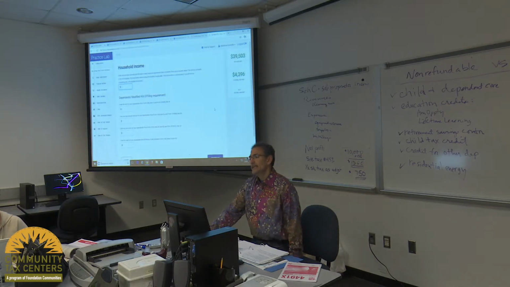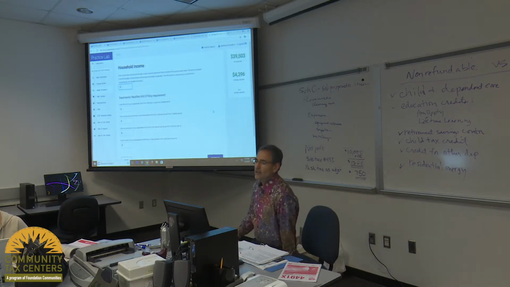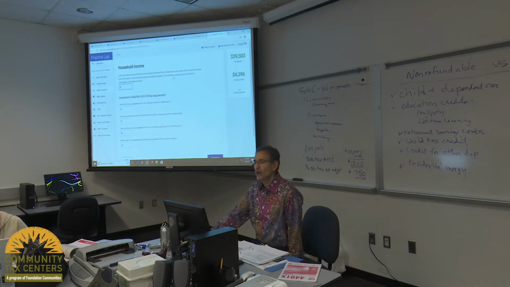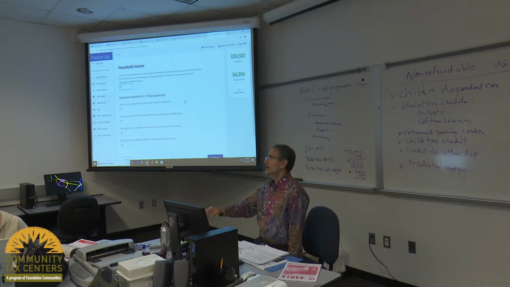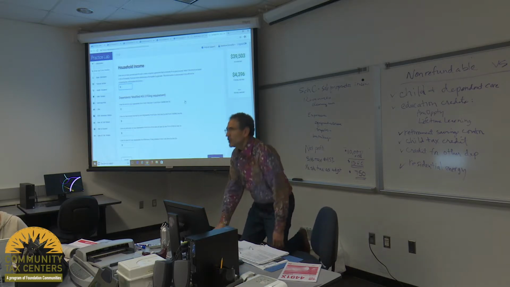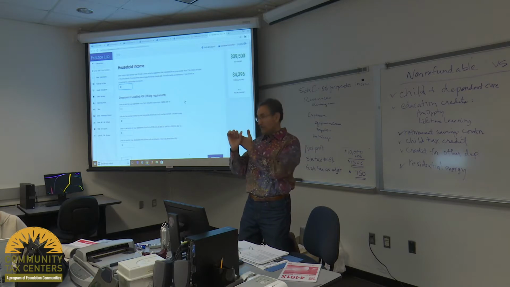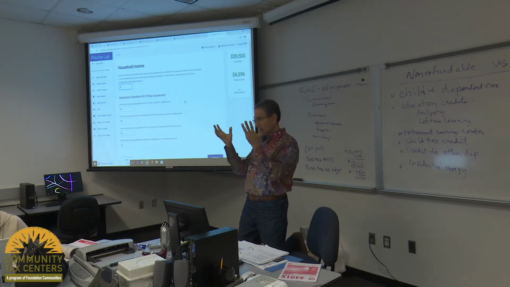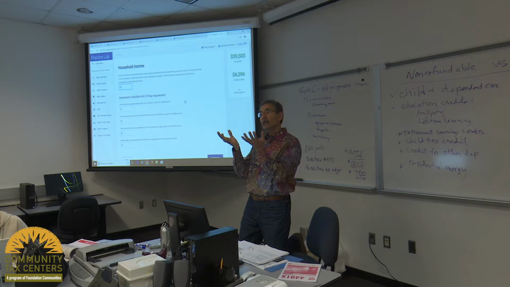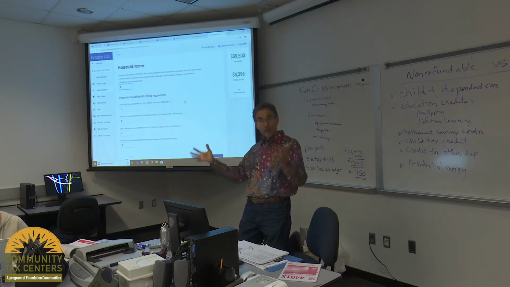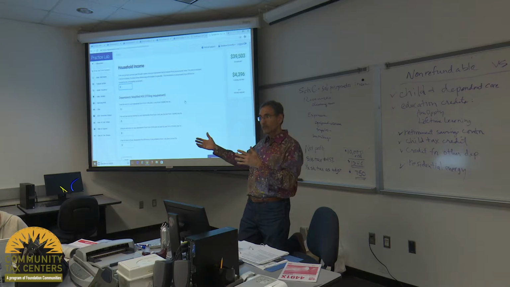Now at this point, it's looking for the total household income. Remember the tax return has the income for the taxpayer and spouse, right? That's all it could possibly have. But in terms of figuring out the penalty on not having health insurance, remember I said it's the greater of 2.5% of household income, or those set amounts?